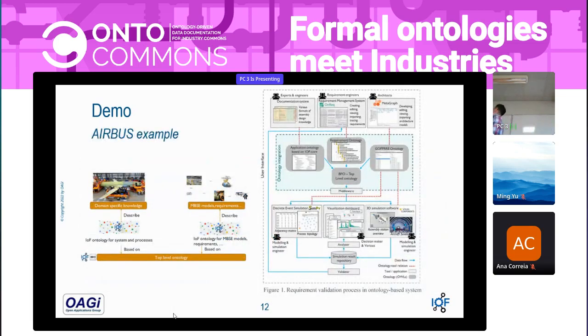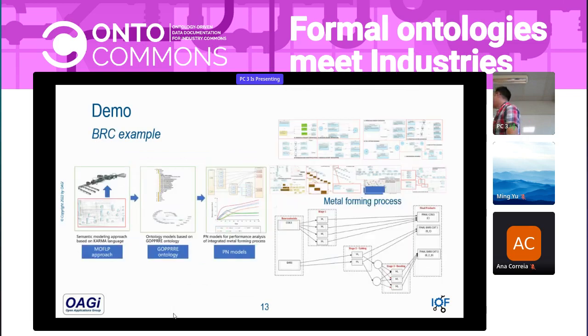The first example is from Airbus. We saw the video in the lab, but Xiaochen will introduce this demo in detail later in the presentation. Another is the BRC demo.